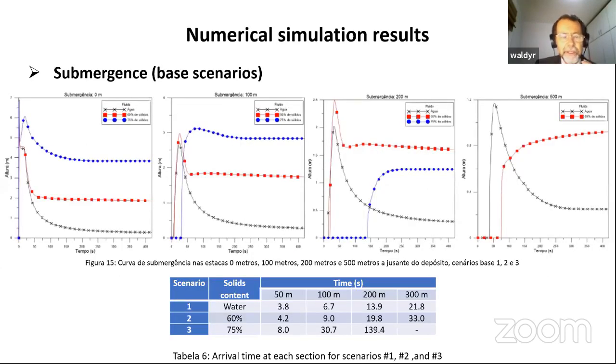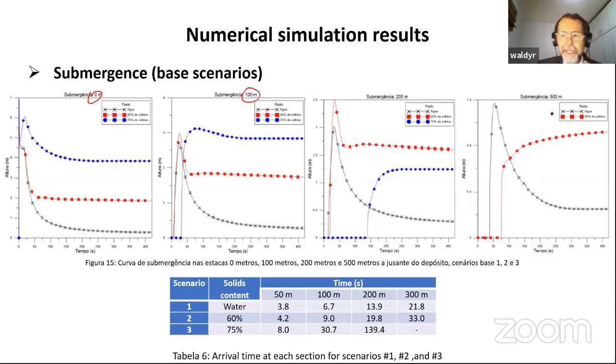Another thing that is very important is submergence. Submergence is the height of the water level or the mud level that passes through, in this case, at several sections, at 0, 100, 200, and 500.